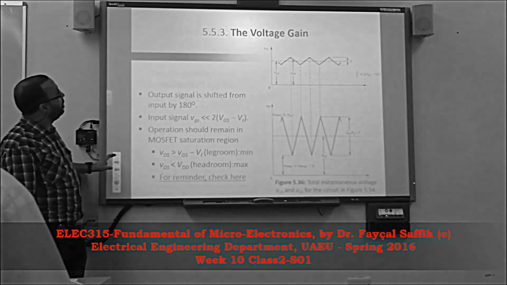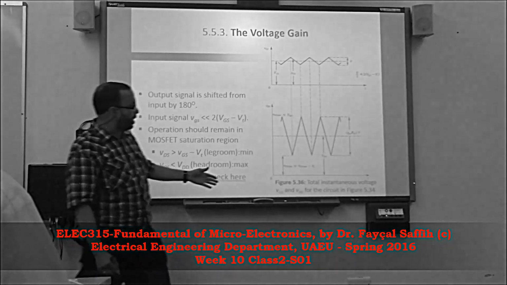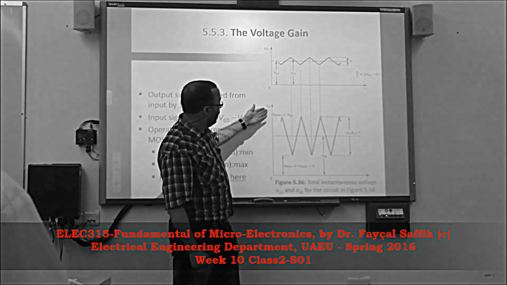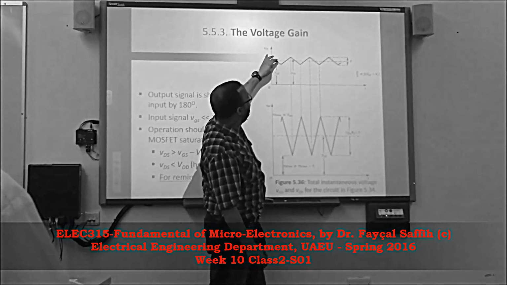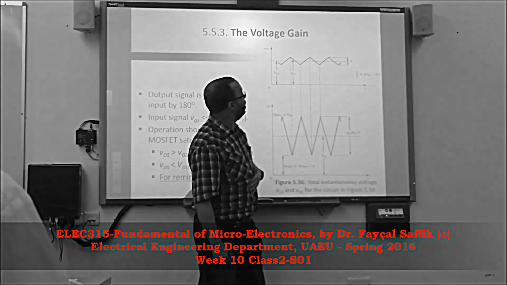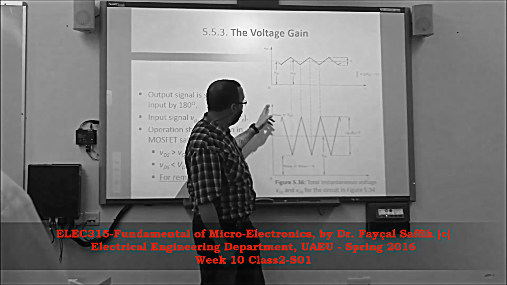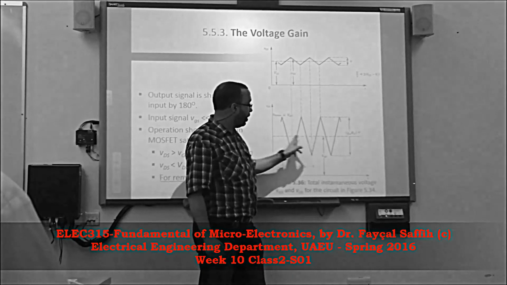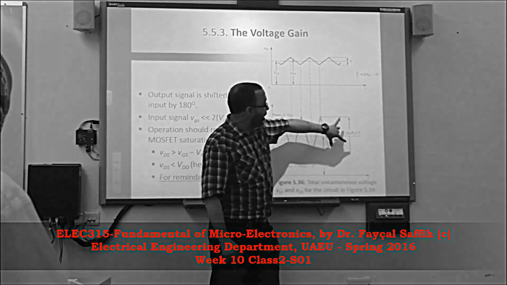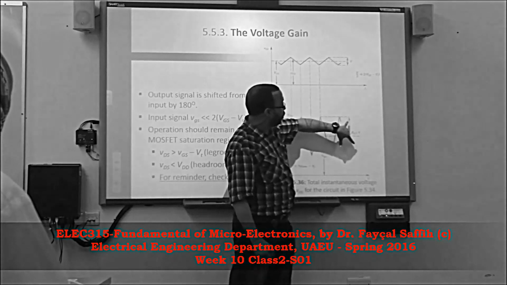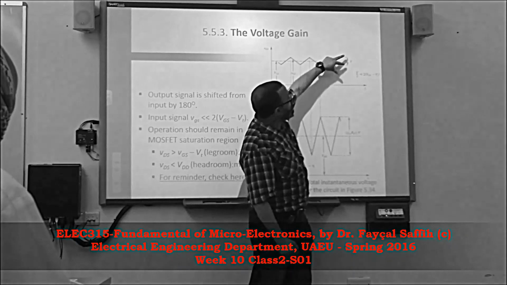So as you can see here, we have VGS, that's the input. It has a DC value, and there's an AC on top of that changing, which leads to a VDS value, which is the DC value plus on top of that the AC. The relationship between the two, peak to peak or peak value to peak value, is the same.